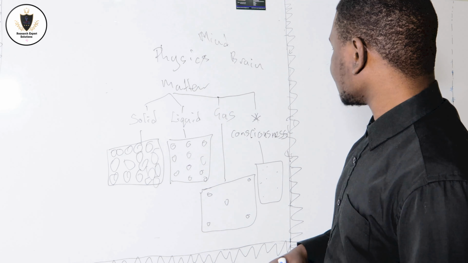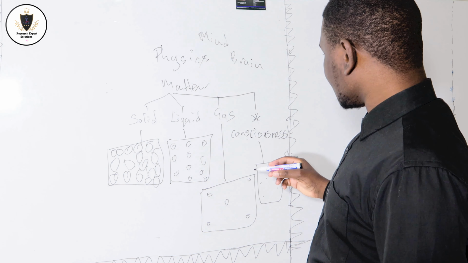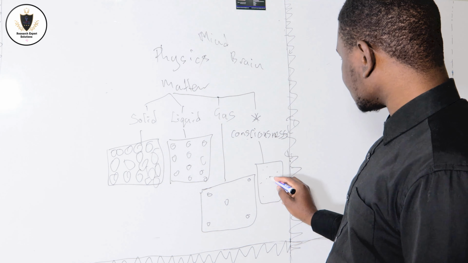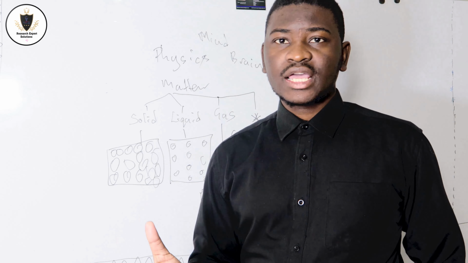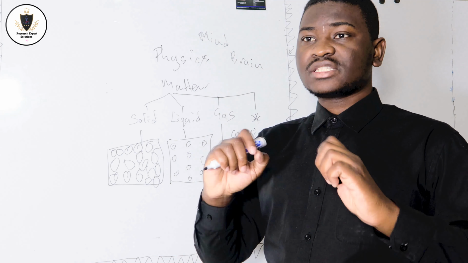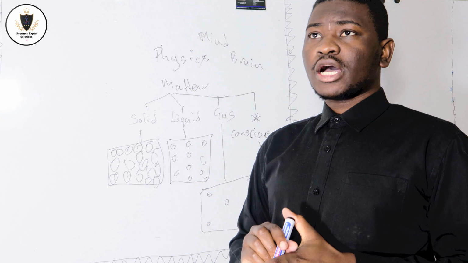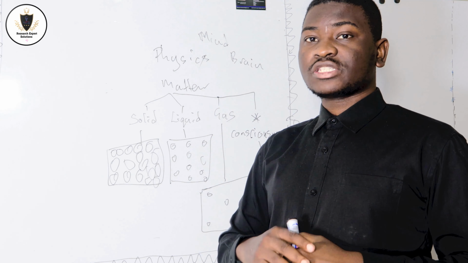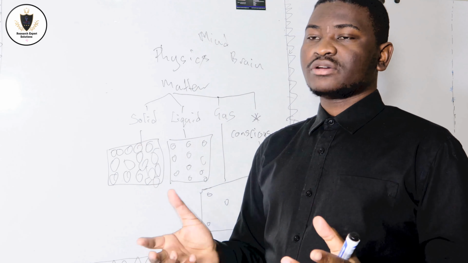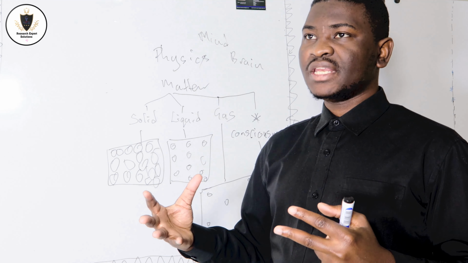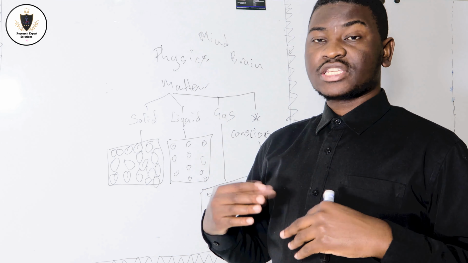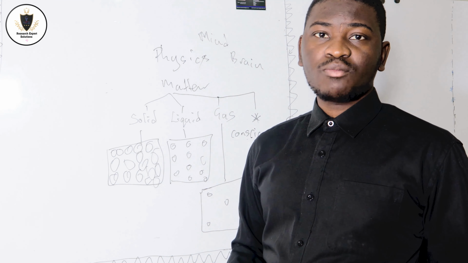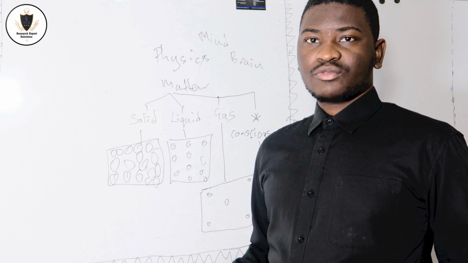So you realize that consciousness as a state of matter can be described as that state in which an entity, I'll say entity, but when I say entity, I just mean anything. For example, it can be a human being, it can be an animal, it can be any other thing, right?